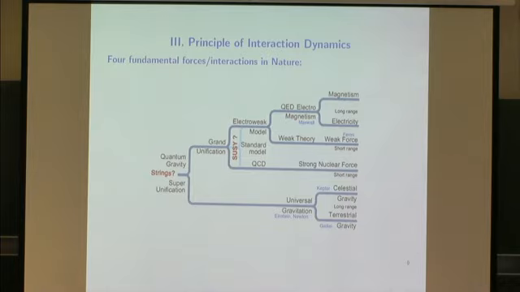Okay, and now what we do is we know nature. There are four forces in nature. The earliest one people studied was gravity. So it was Galileo, Newton, Einstein. So we know all the theories, right? And then there's also electromagnetism, which is described by the Maxwell equation. And then you have quantum electromagnetics.